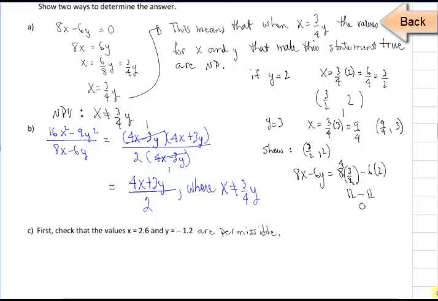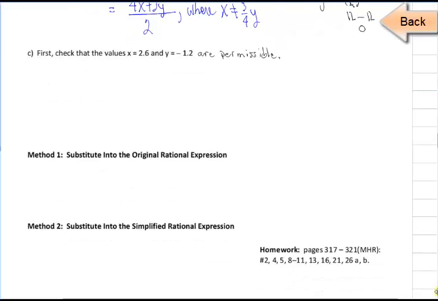Okay, so on the next part, you've been asked to evaluate your expression for x equals 2.6 and y equals negative 1.2. So the first thing you want to find out is whether this is permissible. Okay, so you want to check whether you can have x equals 2.6 and y equals negative 1.2 at the same time. In other words, are they permissible?